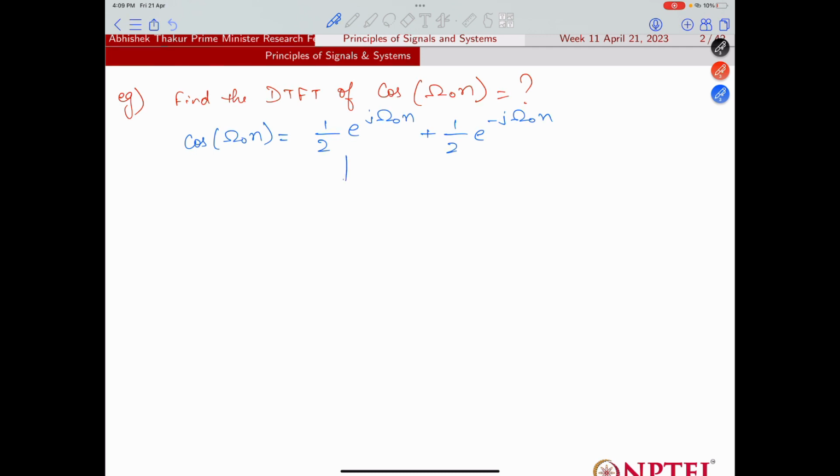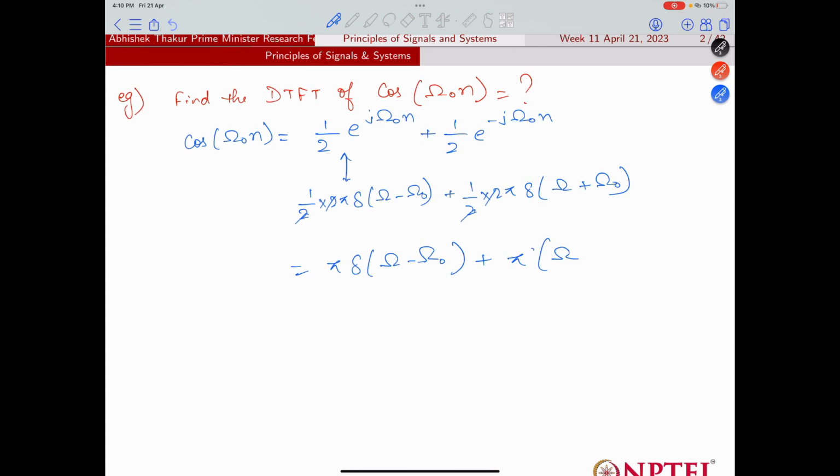Now we know the DTFT of e to the power of j omega naught n is 2 pi delta of omega minus omega naught. So this will be 1 by 2 into 2 pi delta of omega minus omega naught plus 1 by 2 into 2 pi delta of omega plus omega naught. This will be equal to pi delta of omega minus omega naught plus pi delta of omega plus omega naught.